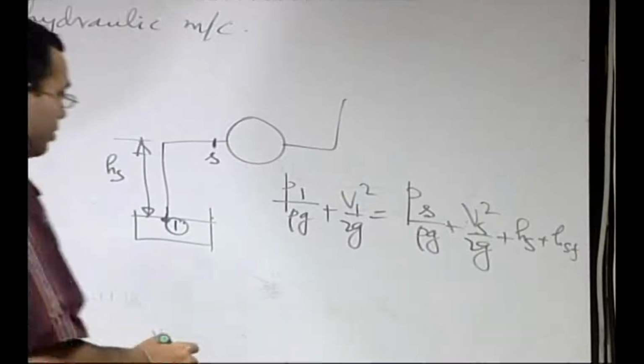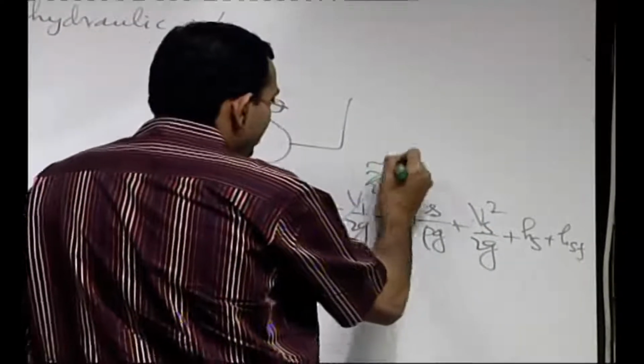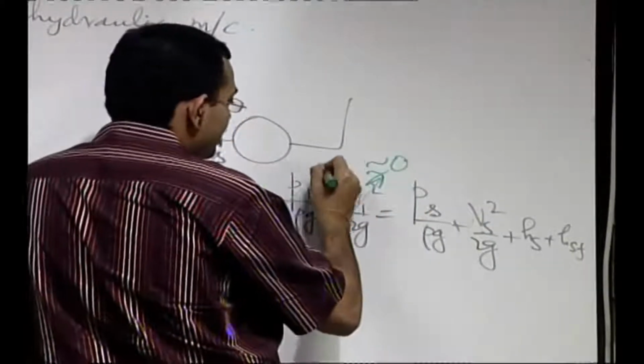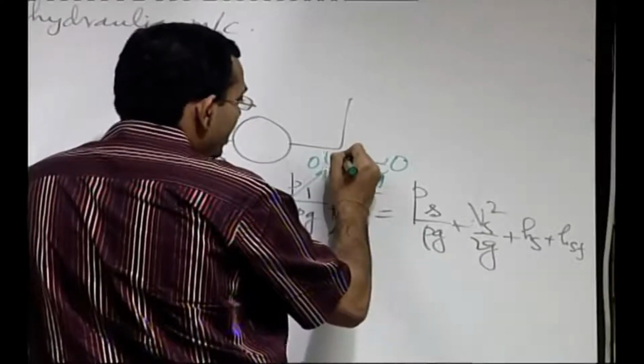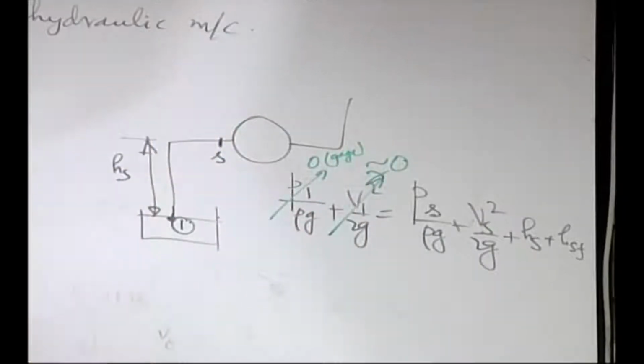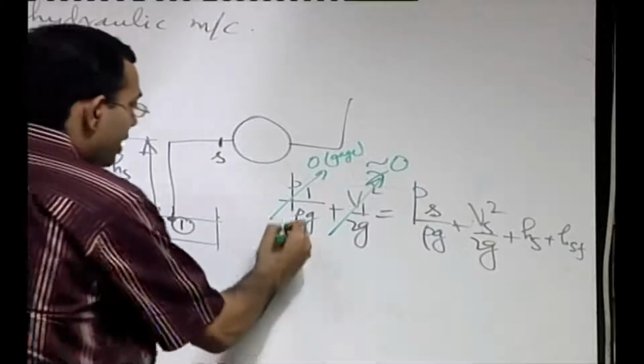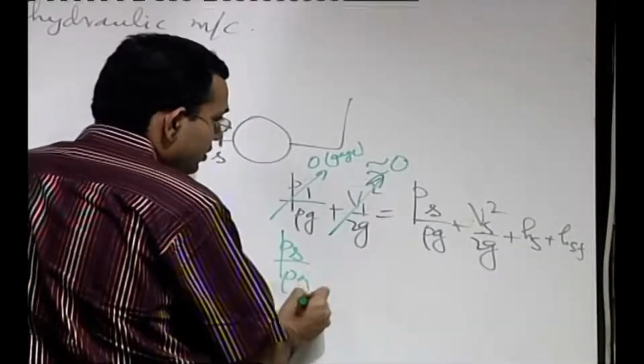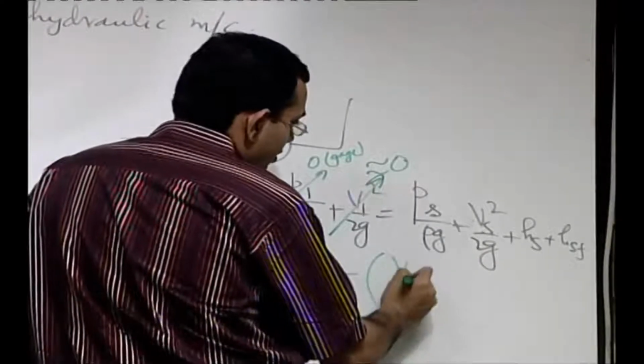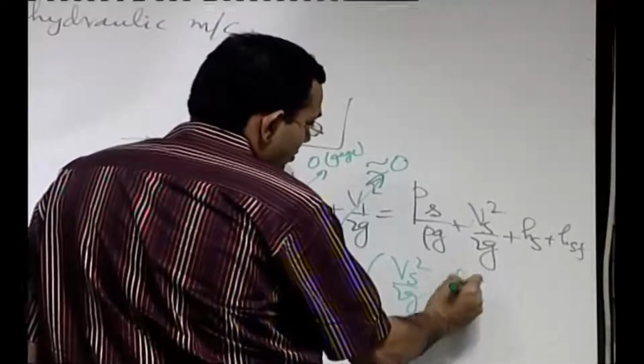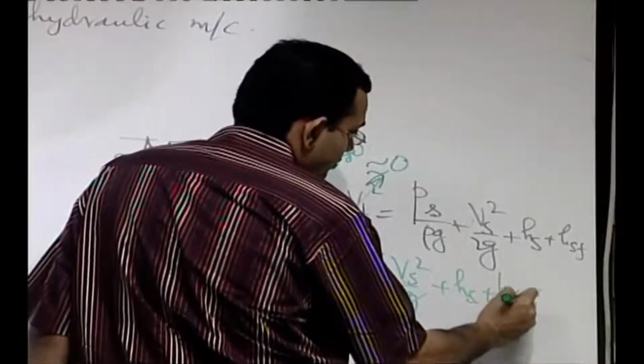If you recall, this is small and this is 0 as gauge, that means 1 atmospheric pressure. So, what is Ps by rho g? This is minus of Vs square by 2g plus Hs plus Hsf.